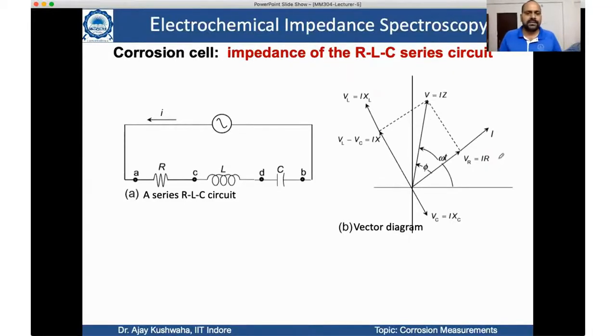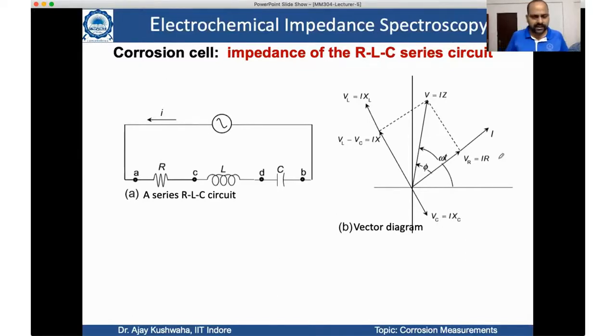Now see the case if all three are together, right? Because this could be a situation in our electrochemical cell when we are trying to analyze corrosion by impedance spectroscopy. So the impedance of the resistance, inductance and capacitance circuit, where all these three components R, L and C are in series.